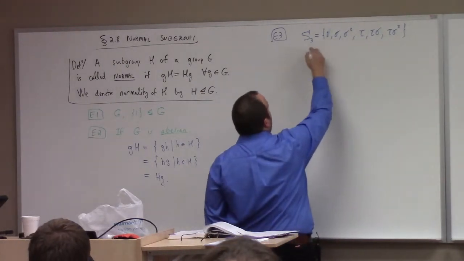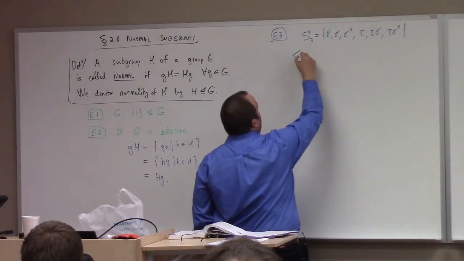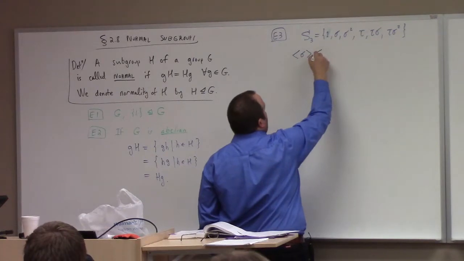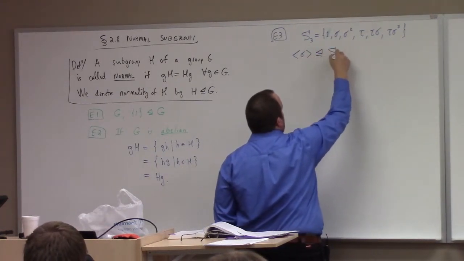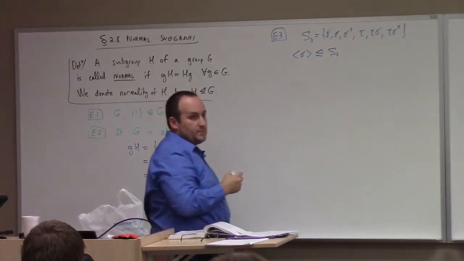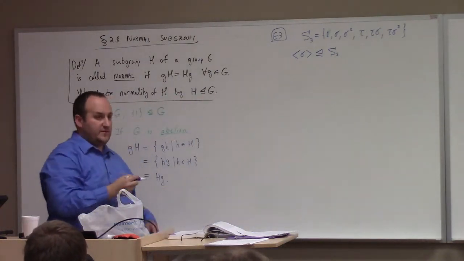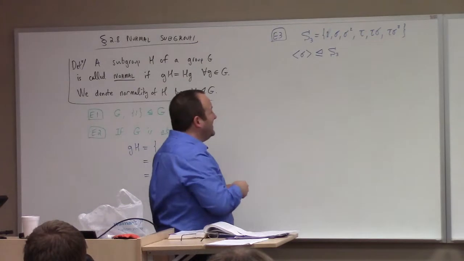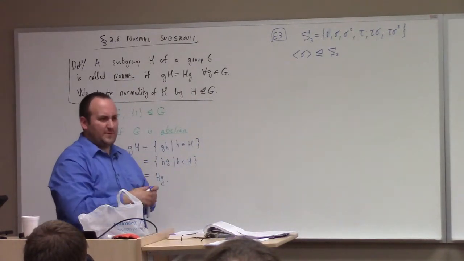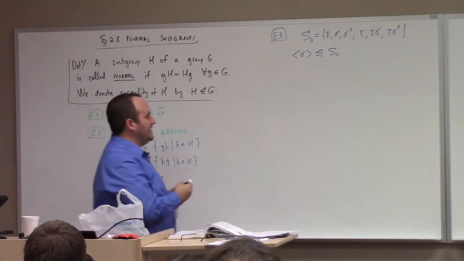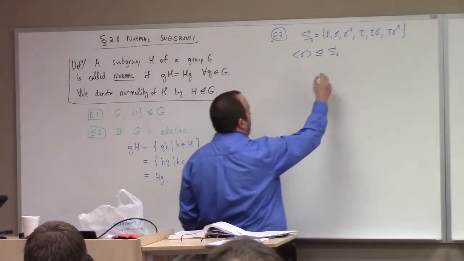Well, if you look at the subgroup generated by sigma, you can show that that's a normal subgroup of S3. The best reason to see that is because it has index 2. We'll talk about that more a little bit later in the lecture, so let me not get into that too much.